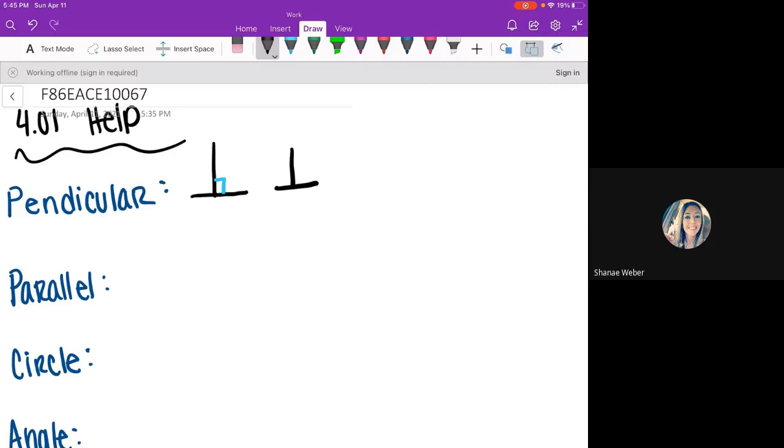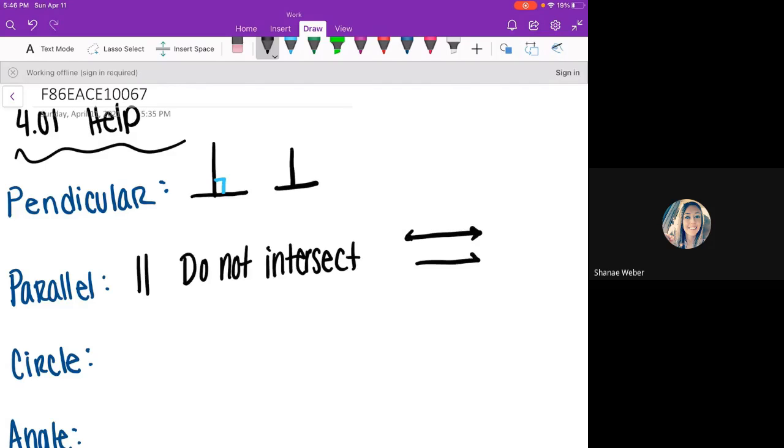The word parallel, which you will also see written as two lines like this. Parallel lines do not intersect. Do not intersect. Ever. So they can look like this, or they can look like the symbol over there and go up and down.